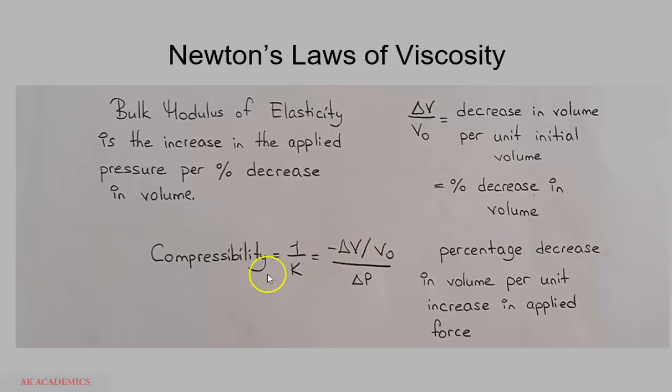So eventually, compressibility gives us exactly the inverse of bulk modulus of elasticity, and this is referred to as the percentage decrease in volume per unit increase in the applied force. Don't forget that pressure is simply force over area, force divided by area.